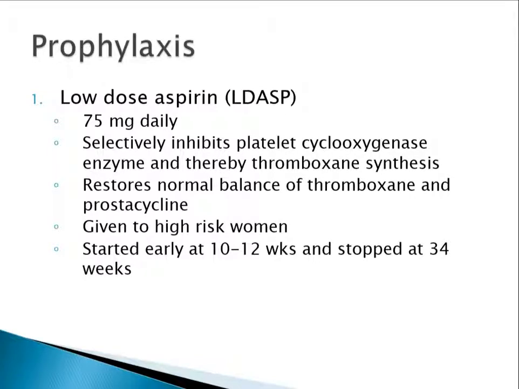So if the cyclooxygenase enzyme is inhibited, then there is less production or no production of thromboxane, and so vasoconstrictors are reduced, and a normal balance between the vasodilators and vasoconstrictors will be maintained. Less of thromboxane and more of prostacyclin. Prostacyclin is a vasodilator. So then there is vasodilatation, so peripheral resistance is reduced, hypertension is reduced. So this is given to the high risk women.